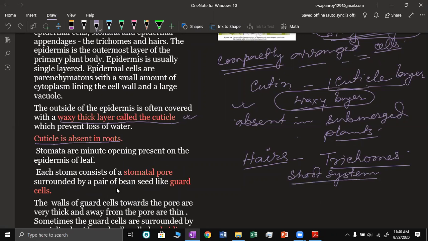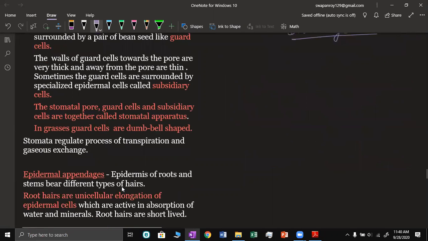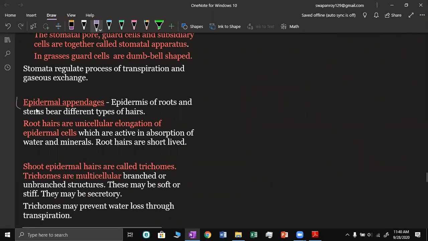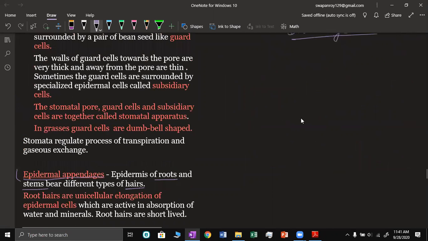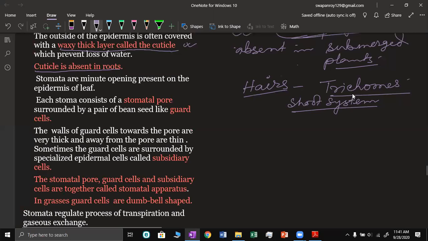These come as epidermal appendages. Trichomes in the shoot system are multicellular and may be branched or unbranched.